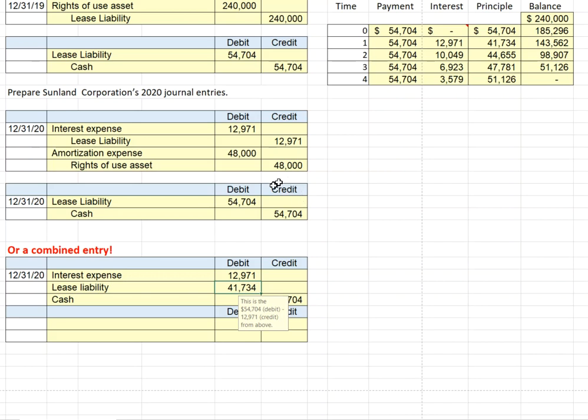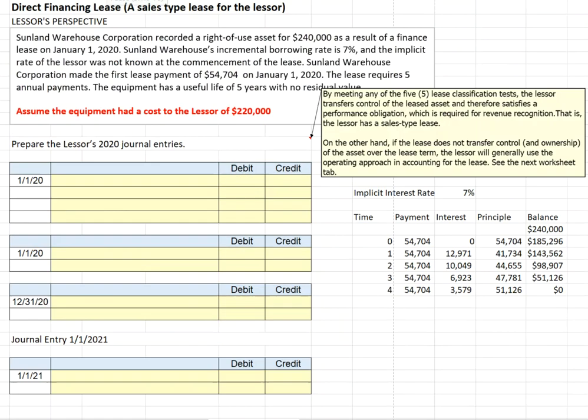That's our $54,704 debit to lease liability, less the $12,971 credit to our lease liability. And of course, last of all, we would have picked up our amortization of our right-of-use asset.